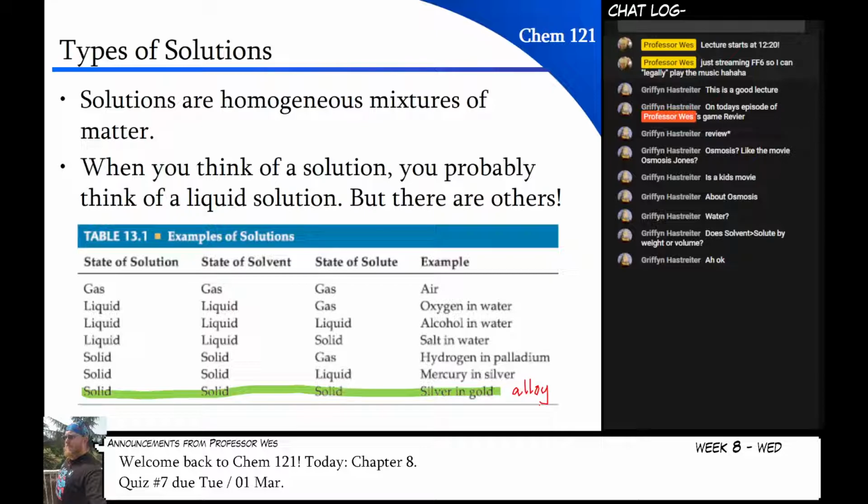So, for instance, steel is a solution where the principal substance, the solvent, is iron. And then we disperse other solutes into it, such as carbon or manganese or nickel or chromium or whatever to get that. For our purposes, these are going to be the major ones that we care about.